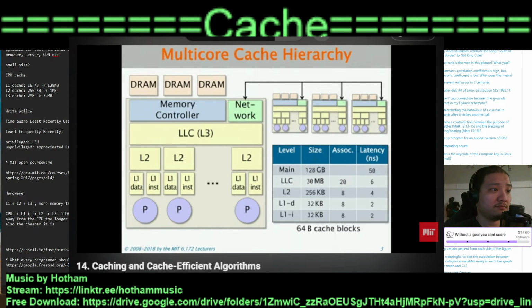So L1 here, about 2 nanoseconds. For a double.